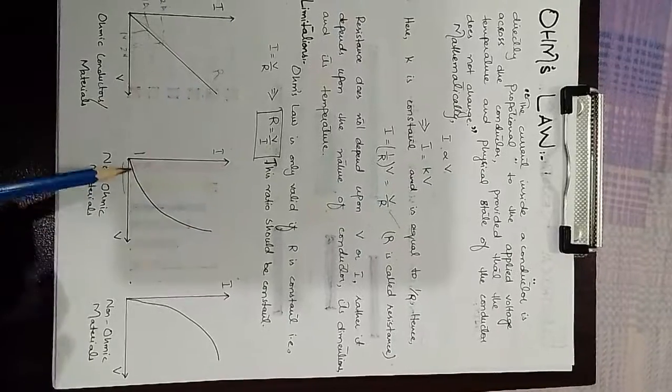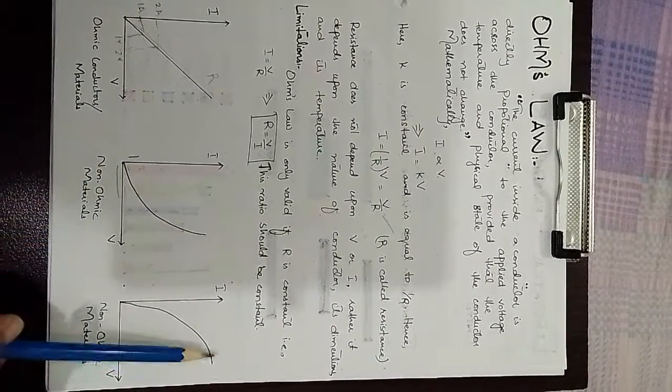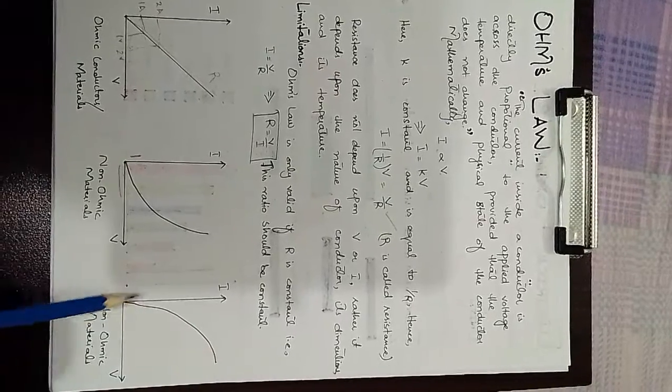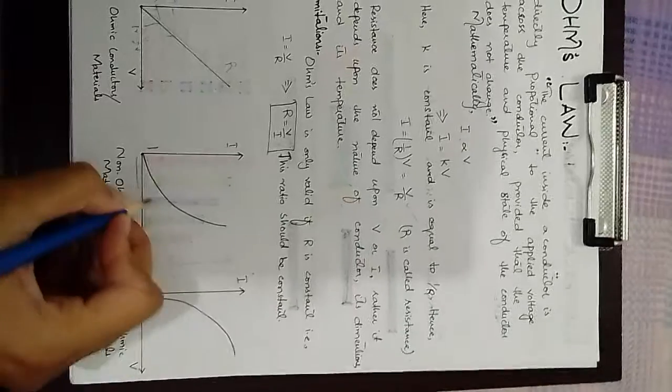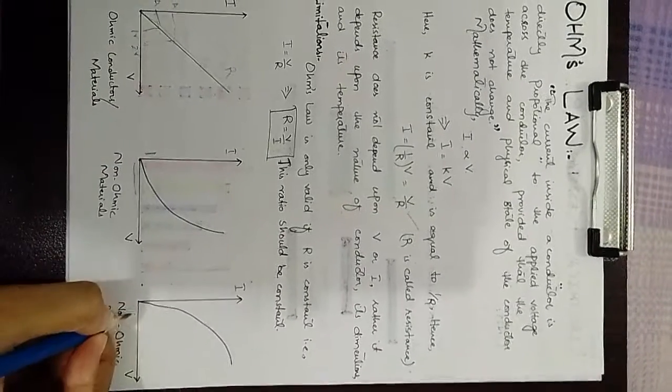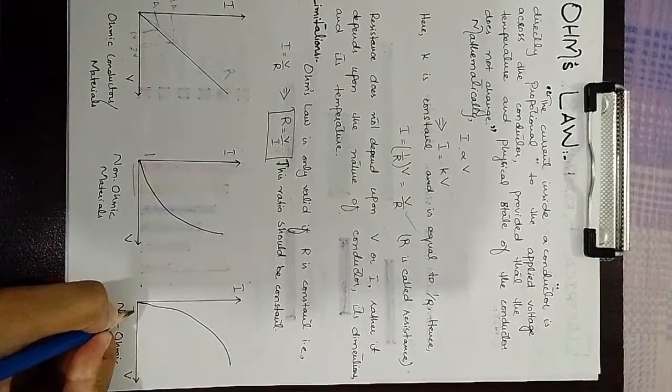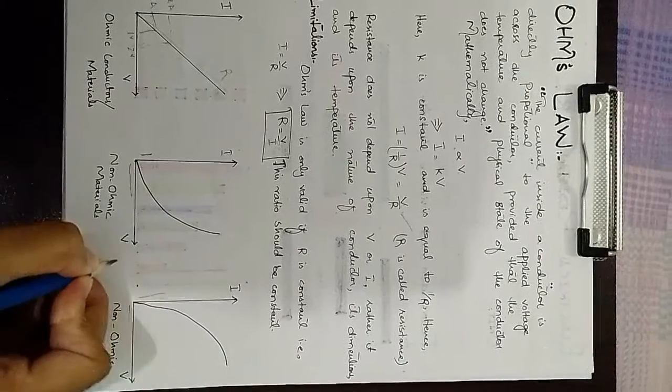This is a positive exponential curve and this is a negative exponential curve. In both cases, you can see we increased the voltage only a little, but how much the current has increased.